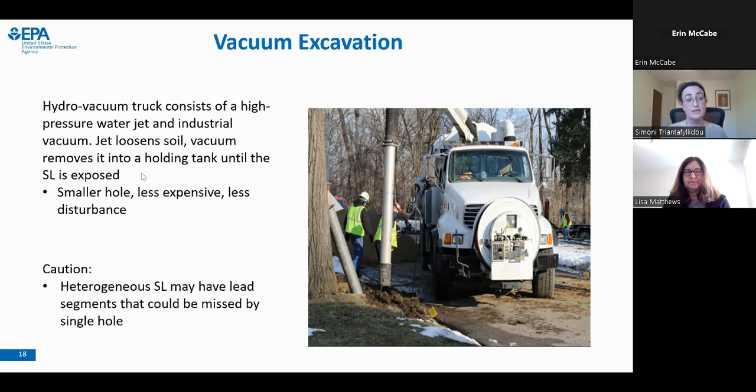This causes smaller holes, it's less expensive, it has less disturbance. But the challenge with that is what happens in cases of heterogeneous service lines, partial replacements, for example, where exposing just a very small area of the pipe might not really tell you what's happening in the rest of the pipe length.